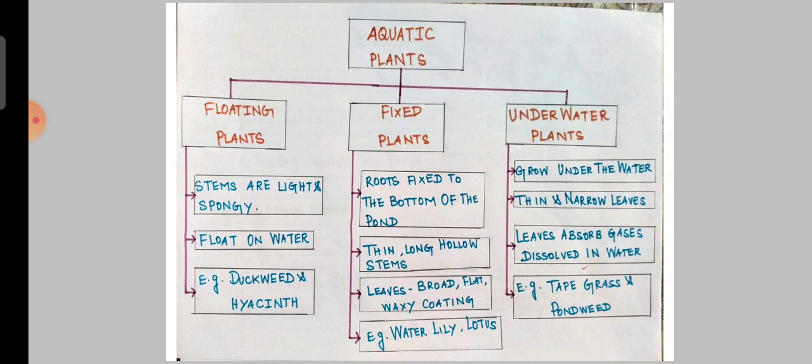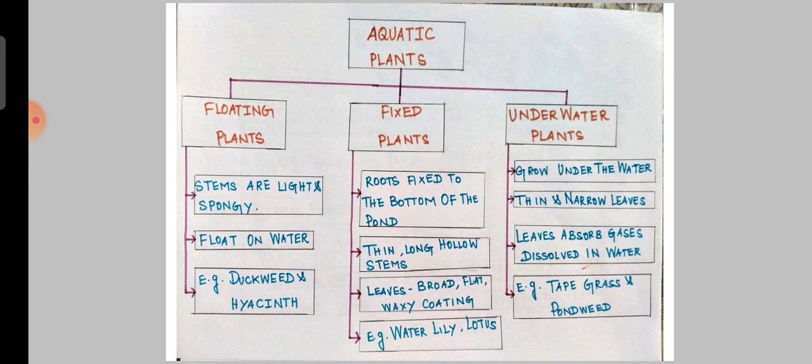Next, aquatic plants. Do you know what is meant by aquatic plants? It is very simple. Plants that grow in water are called aquatic plants.